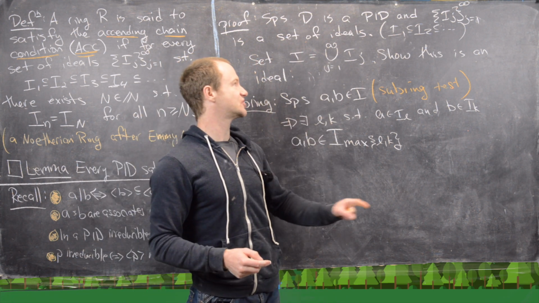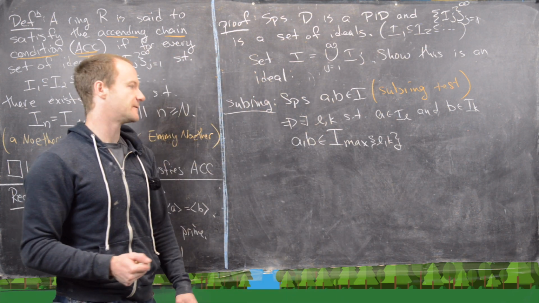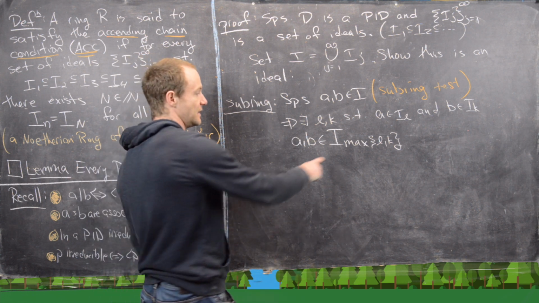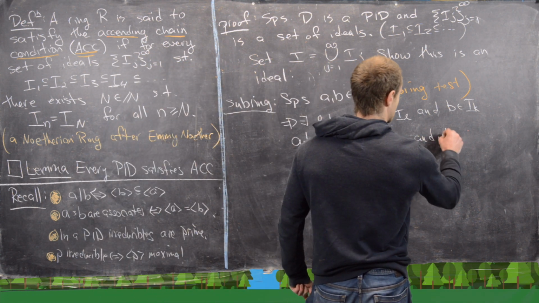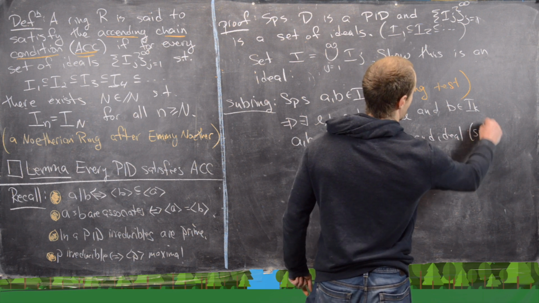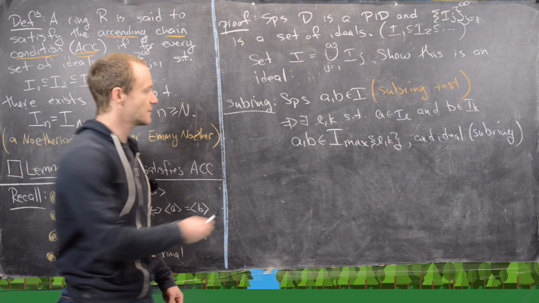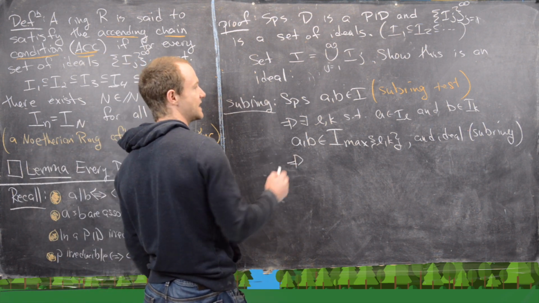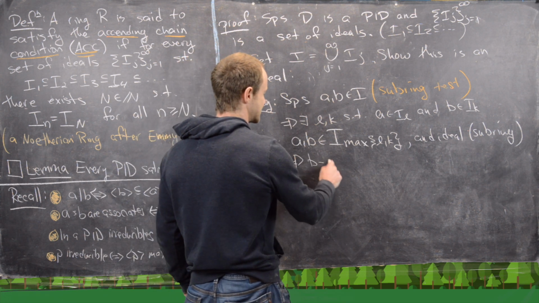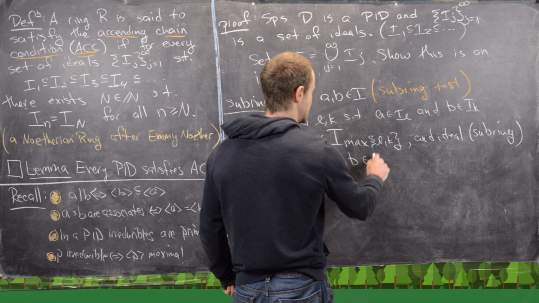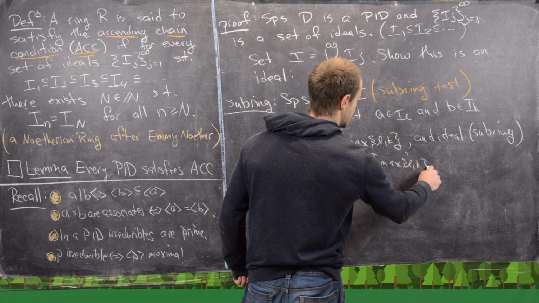Well, by this ascending chain, we know that a is also in I_35. Okay, good. But we know this guy is an ideal, in particular, for this part of the proof, it's a subring. That immediately tells us that we can apply the subring test in reverse, so b minus a and ab are in I sub max(l,k).